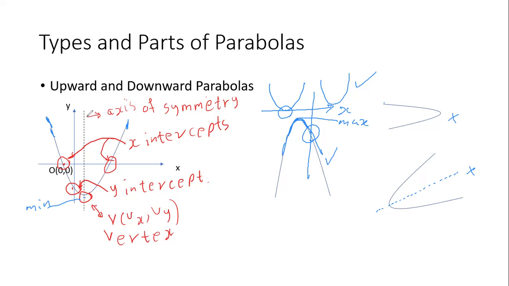The vertical line passing through this vertex divides the parabola into two equal parts. It is called the axis of symmetry of the parabola.